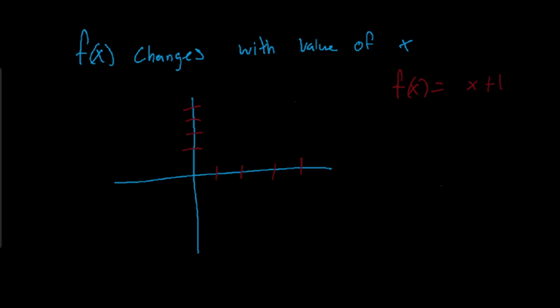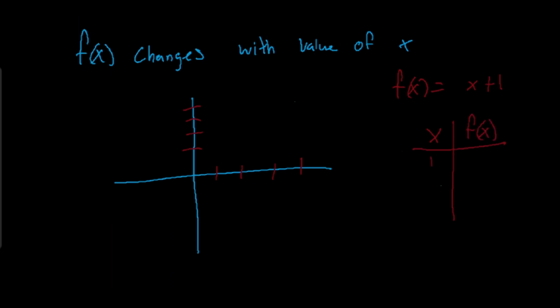This is the most common way to represent f of x. We can make a table to help us find our solutions to this. When x is 1, f of x is 2.